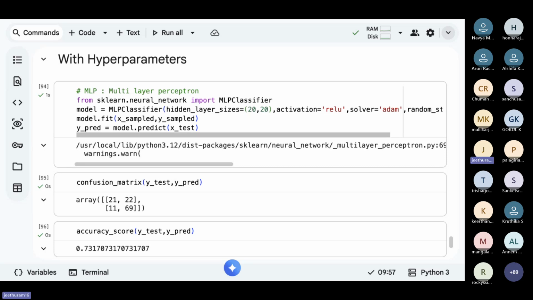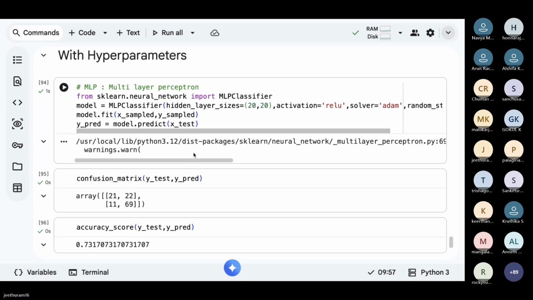Is it clear how to implement machine learning projects? Whenever you take a regression or a classification problem, these are the different steps and the different algorithms that you have to implement. All good? Any questions?